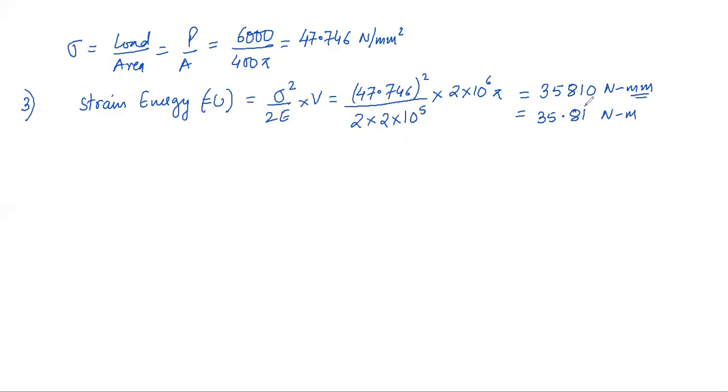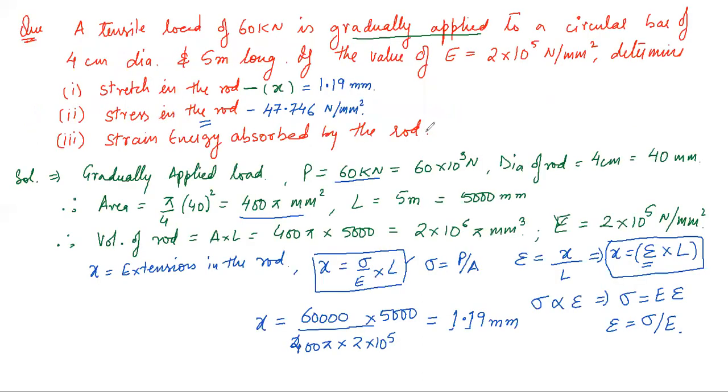So strain energy stored in the body is 35.81, and the answer of strain energy is 35.81 Newton meter. So this is a case when you have a gradually applied load.